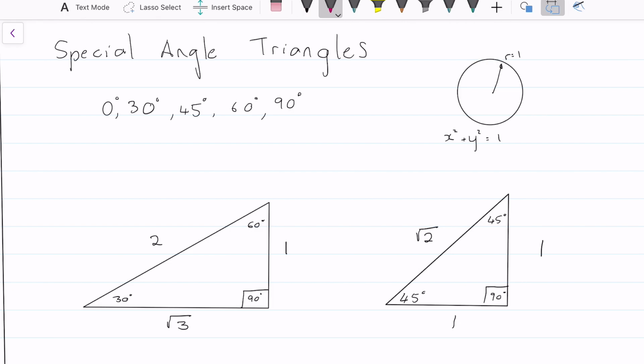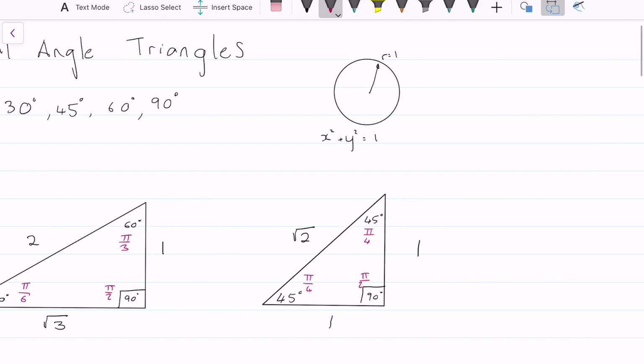Let's put our radians in here as well. For the first one we have pi over 6, pi over 3, and pi over 2. And for the second, pi over 4, pi over 4, and pi over 2.